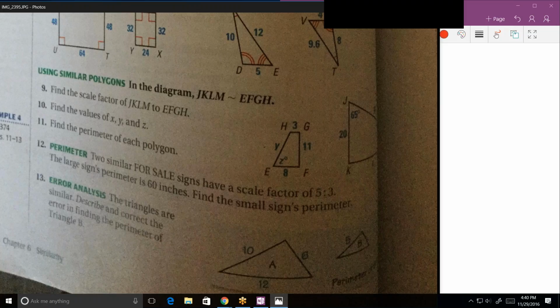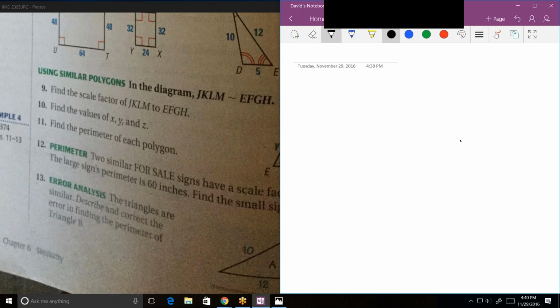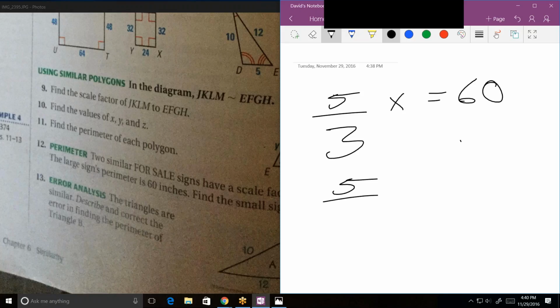Give me the equation you set up. 5x equals 60, because that's larger. And then I divided by 5 and got 12, and 3 times 12 equals 36. Okay. That's 36. Yeah.